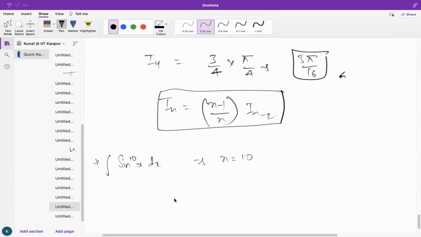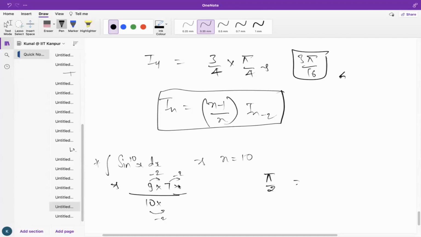Doing the same thing, since the power is even, first multiply here by pi by 2, and then write the power, and subtract from it n minus 1. So do it here 9, and then keep reducing, minus 2, minus 2, minus 2, and multiply it here.